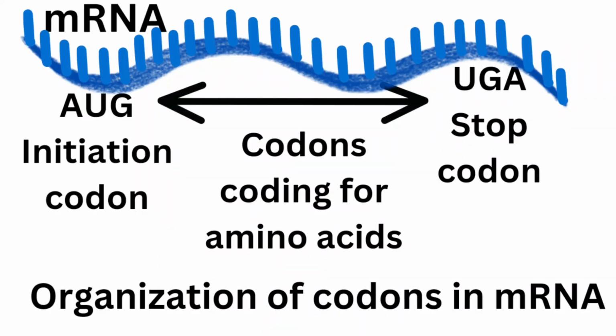Furthermore, there are codons for the start and end of protein synthesis to define the length and type of the protein molecule. AUG is a common initiation codon indicating the start site of protein synthesis, which means the first amino acid in the protein chain.